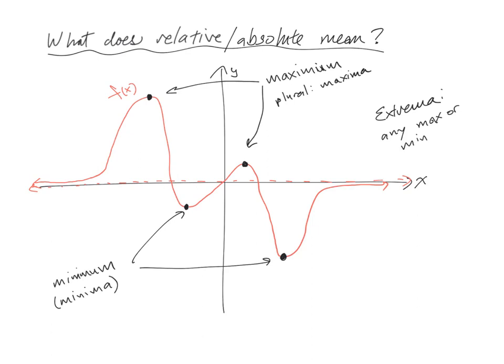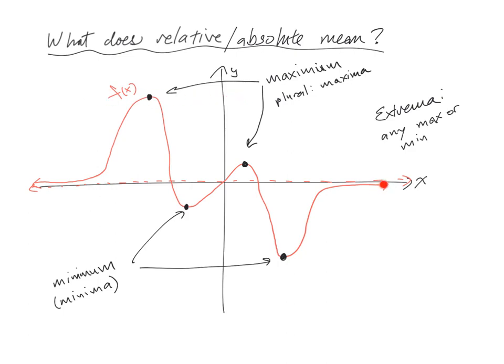But as you may have guessed, by the title of this slide, what does relative/absolute mean? There's a difference between these maximum values here, this peak and this peak. For this particular function, this here is the highest, the absolute highest point that this graph will ever go.